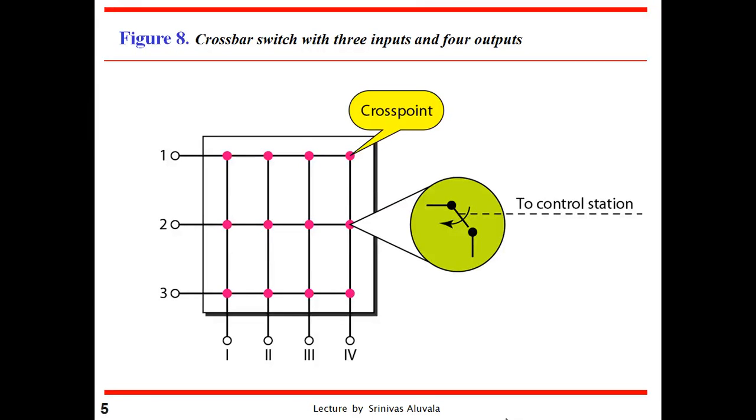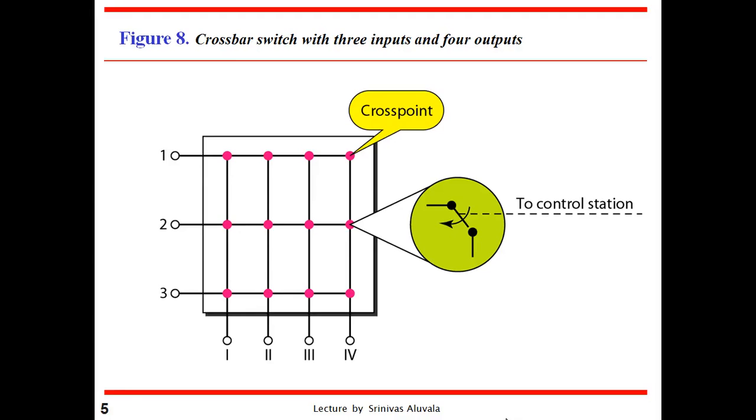Look at the picture here. The basic structure of a switch is what we call a crossbar switch, here with 3 input lines and 4 outputs. A crossbar switch connects n inputs to m outputs in a grid using microswitches called transistors at each cross point. The major limitation of this design is the number of cross points required.